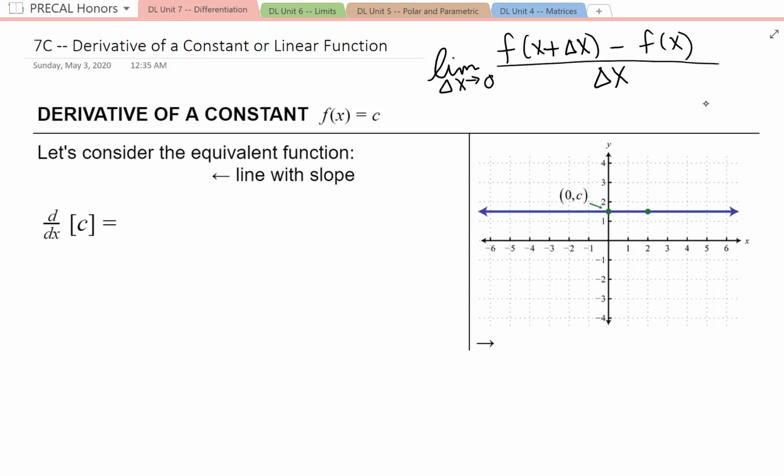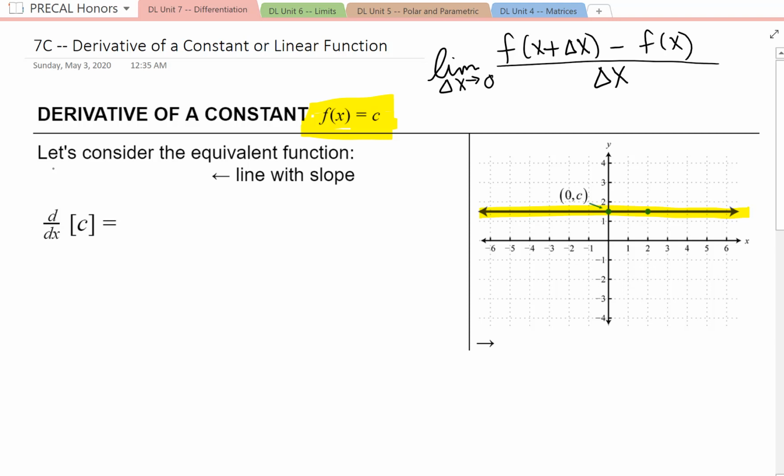In this video, we will prove and show examples of how to find the derivative of a constant and the derivative of a linear function. First of all, the derivative of a constant: f of x equals c, just some number. How does that look graphically? It's a horizontal line.